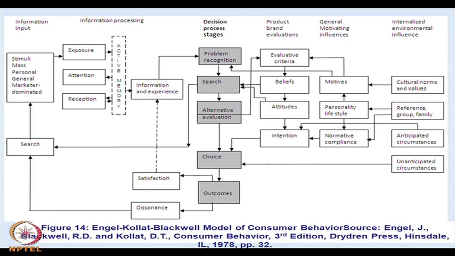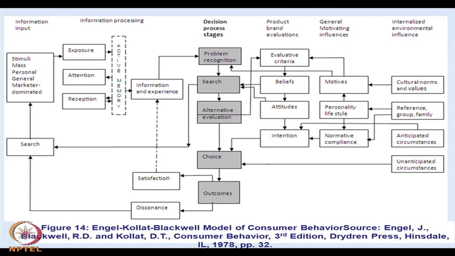Similarly, dissonance, anxiety or tension will have an impact on further search for information to reassure himself that he's made the right choice. In any case, the outcome acts as a feedback on the input and impacts the entire purchase cycle again.